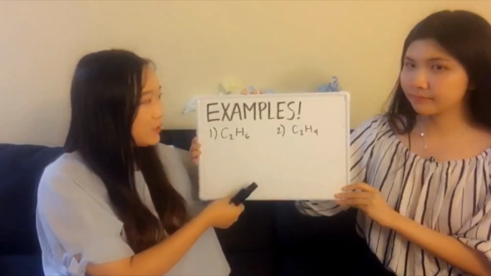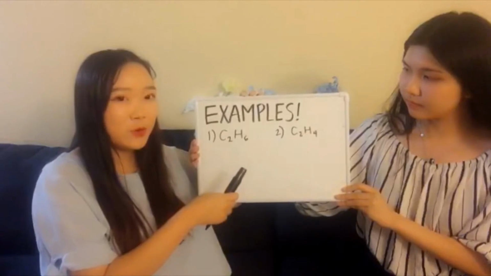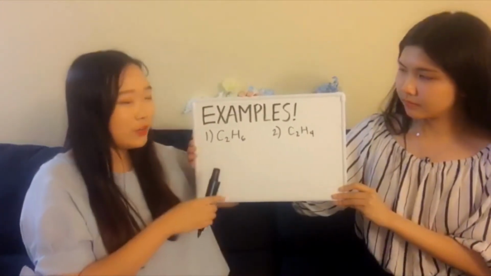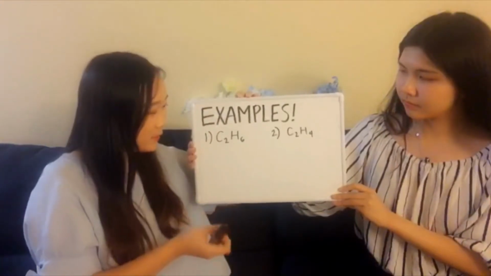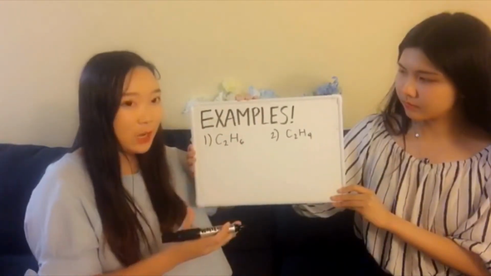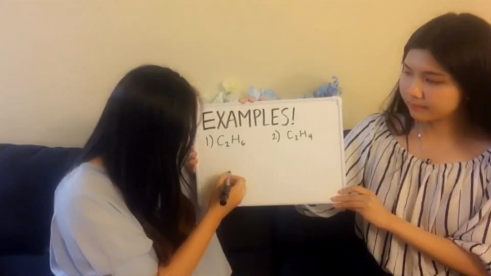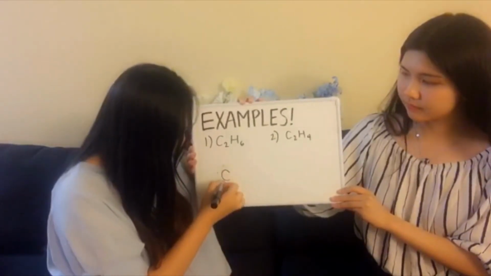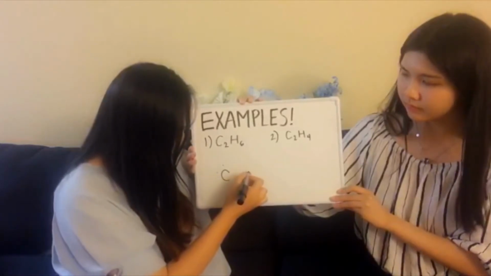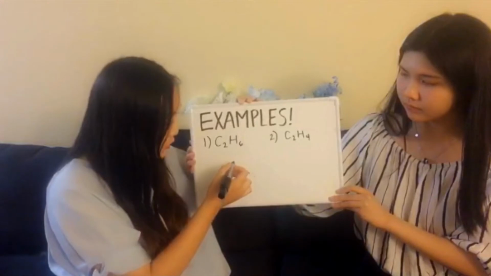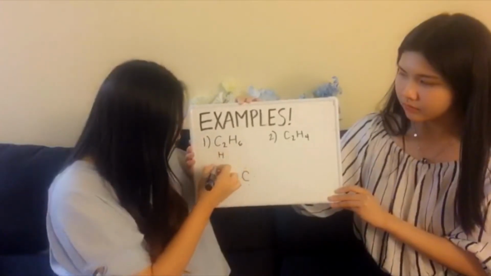Hi guys! So we are here with the examples to practice how to draw Lewis structures. Number 1, we have C2H6. Like our first step, we need to draw the individual atoms first. So carbon with 4 valence electrons, another carbon with 4 valence electrons, and 6 hydrogens with 1 valence electron each.